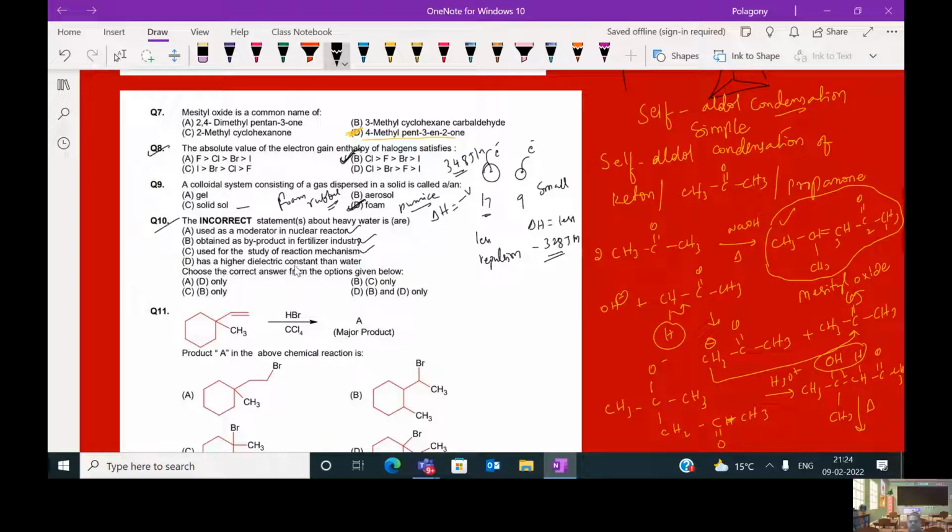Higher dielectric constant than water: it is wrong, because the dielectric constant of water is 80, whereas deuterium oxide is lower. So water has the higher value. This is the wrong statement, so the incorrect statement is D. The rest of the 3 statements are correct. So D is the only answer.